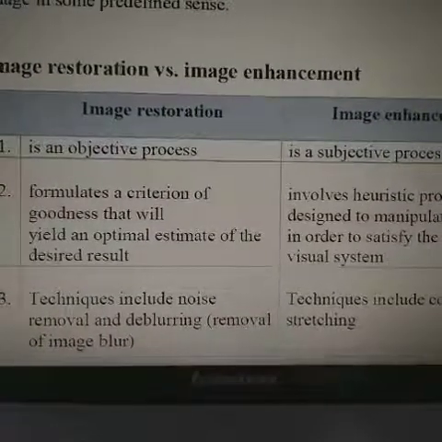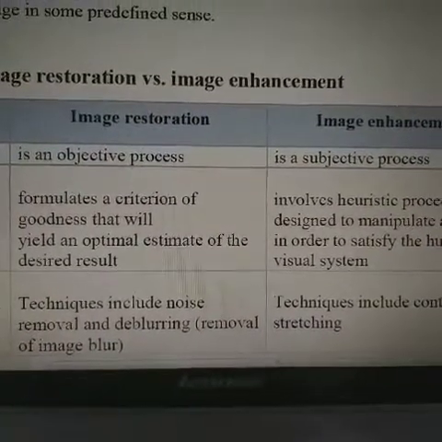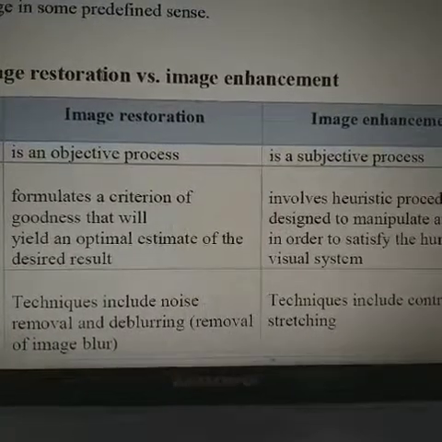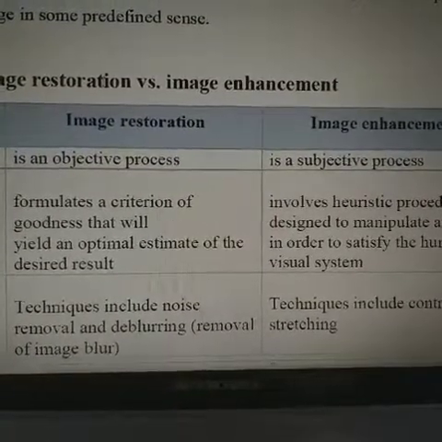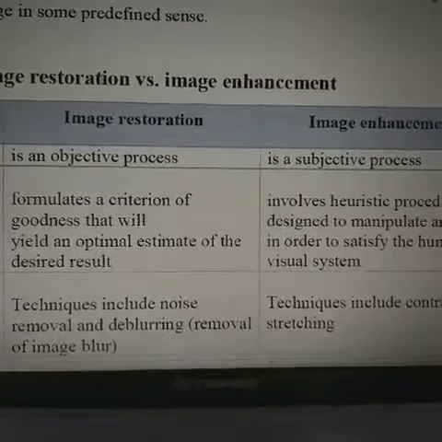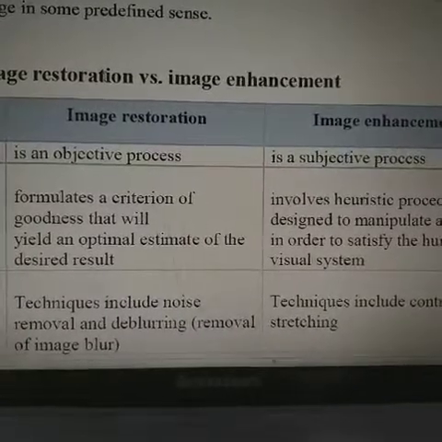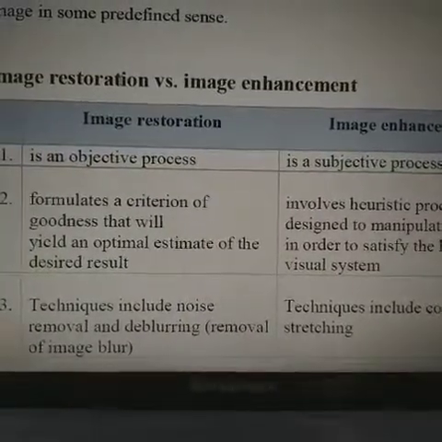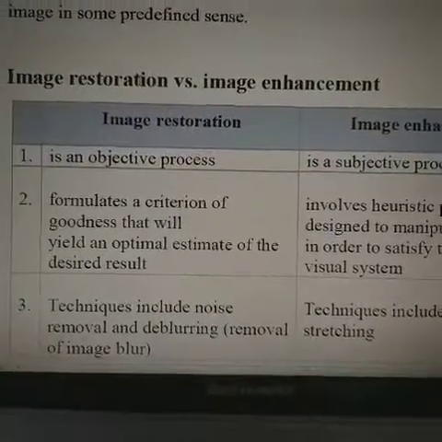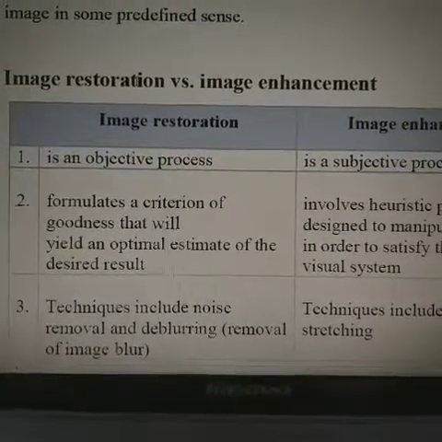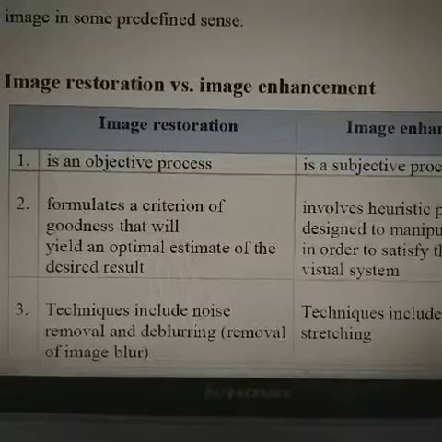Image restoration is an objective process. What is the objective process? It means that we get some output, some desired result. For example, we have some values and we apply those values. By increasing the contrast value, we get some results.